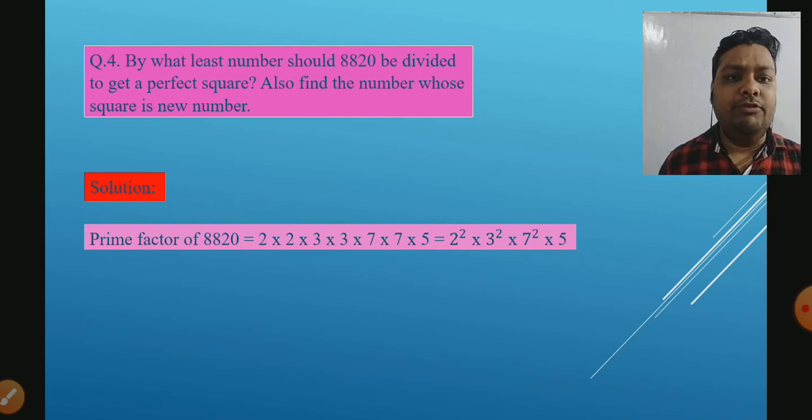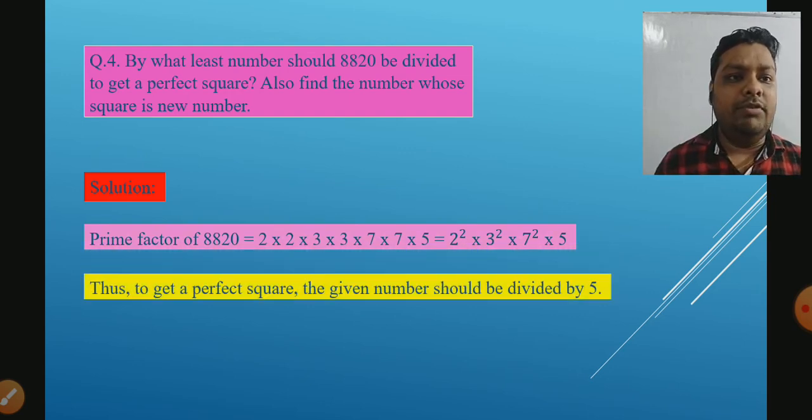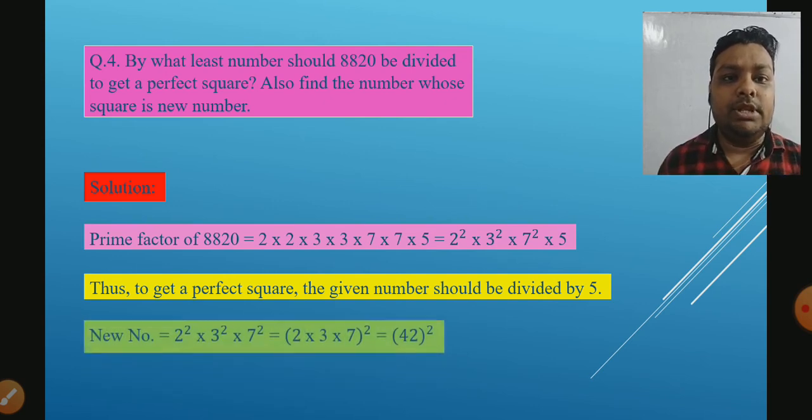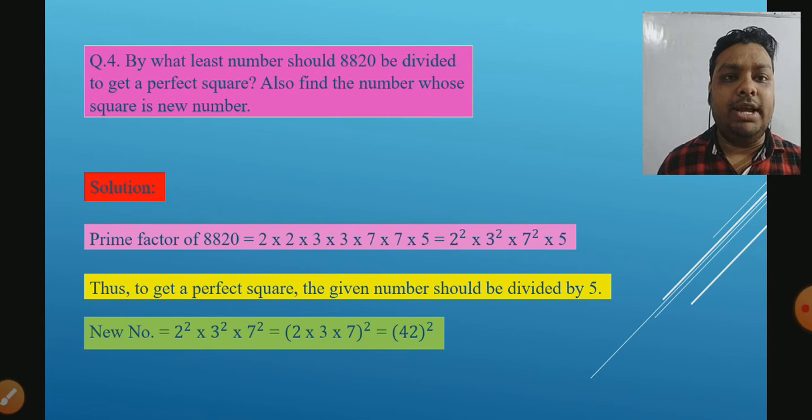It means if we divide 8820 by 5, then the 5 will cut out, and then it will be a perfect square. So the least number will be 5, and after that the new number, it means the new number we will get after dividing 8820 by 5.